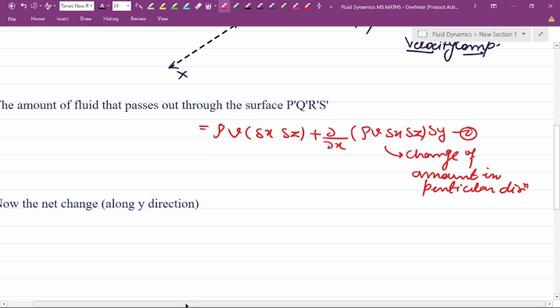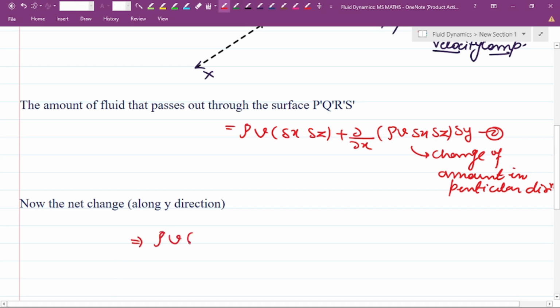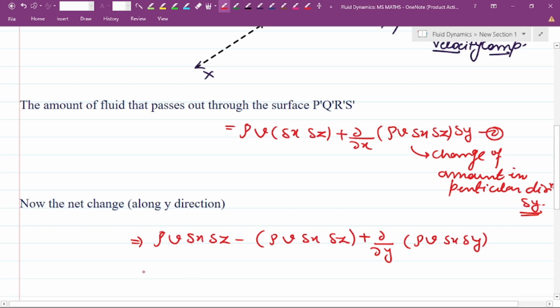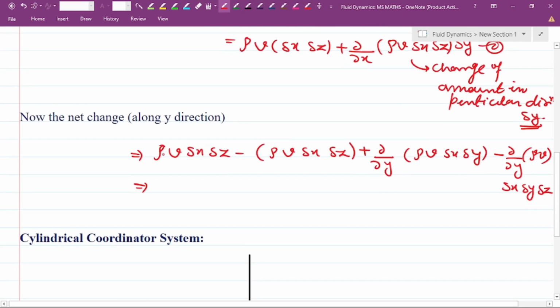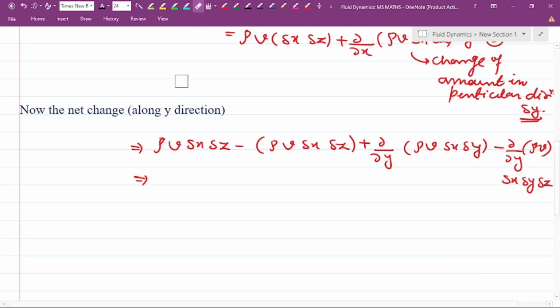In the direction of y, it is rho v del x del z minus rho v del x del z plus dou by dou y of rho v del y, which is minus dou by dou y of rho v times del x del y del z.